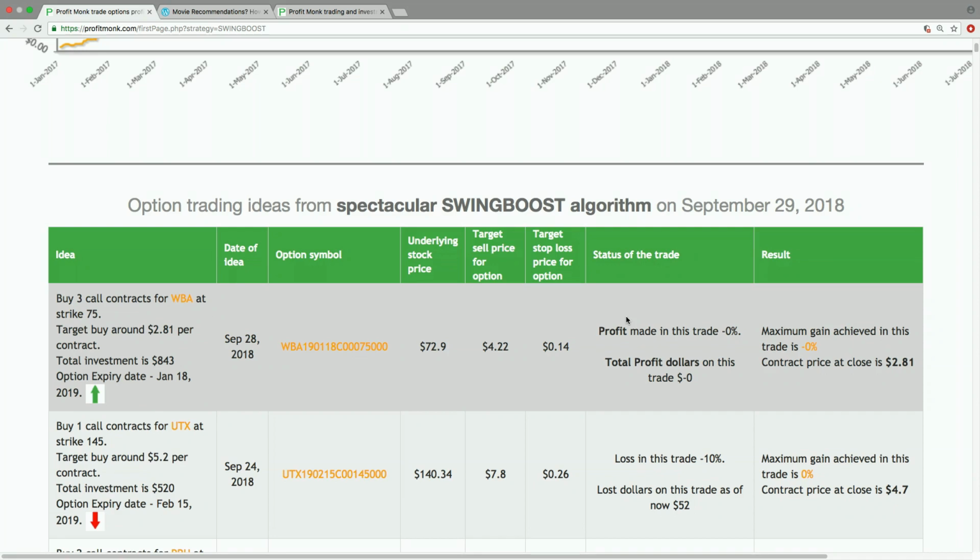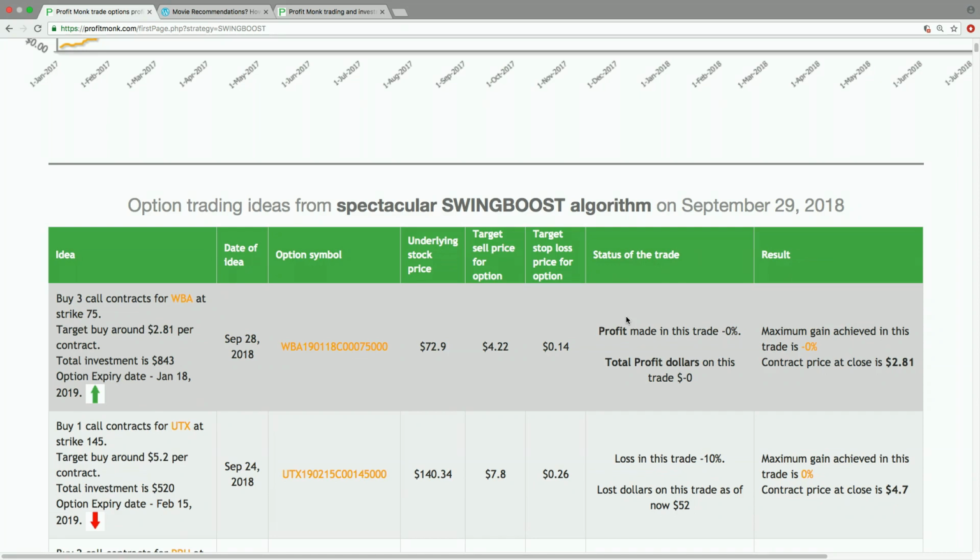I trade on Robinhood. Lots of my other subscribers trade on Robinhood for different reasons, one of them being it's free. And you don't have to worry about the ticker symbols, but some people find this useful, not everybody will. And the way to decode it is, it's a 75 contract, 18th January 2019.